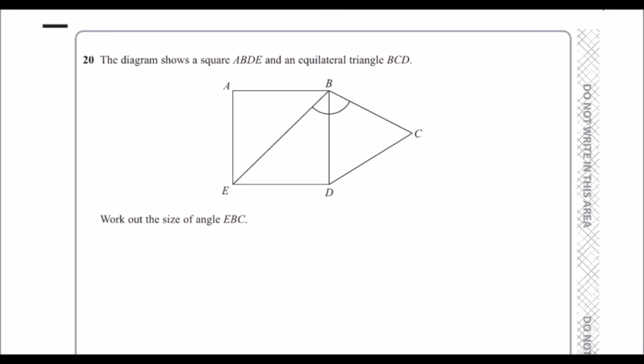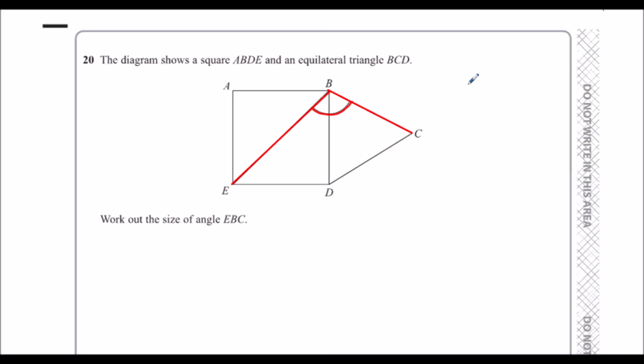Question 20. The diagram shows a square ABDE and an equilateral triangle BCD. It says work out the size of angle EBC. So E to B to C. So it's this angle here that we're working out.